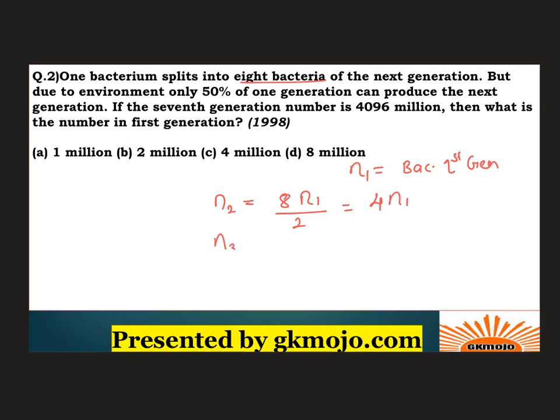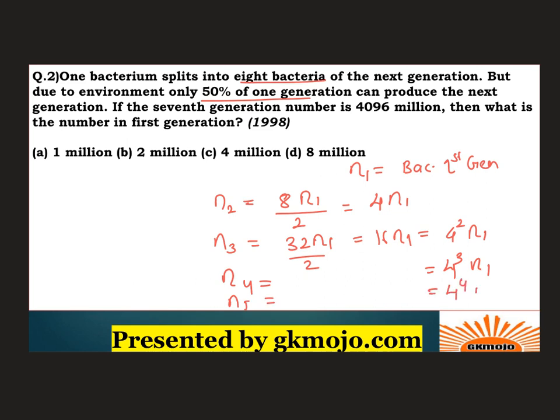Similarly, what will be N3? It would be 8 into 4N1, that is 32N1, divided by 2 because only 50% of one generation can produce. So this will be 16N1 or 4 square N1. Similarly, you will find that N4 is equal to 4 cube N1 and N5 is equal to 4 to the power 4 N1.